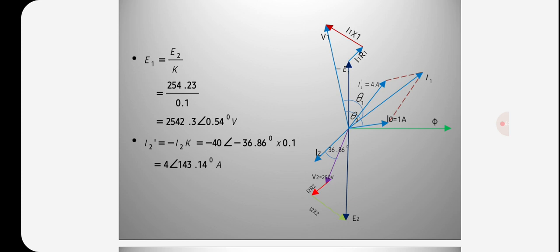So here is the vector diagram of this problem. The reference line is flux, and here the no load current is I naught, and the I2 dash is the secondary side current referred to primary side, that is 4 amperes.